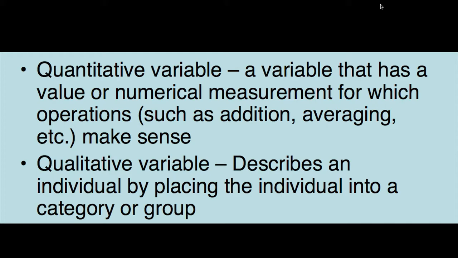Quantitative variables have a value or a numerical measurement for which operations will make sense, such as using addition, averaging, multiplication, and so forth. Qualitative variables will just describe the individual by placing that individual into a category or group. And that's the difference between the two of those.